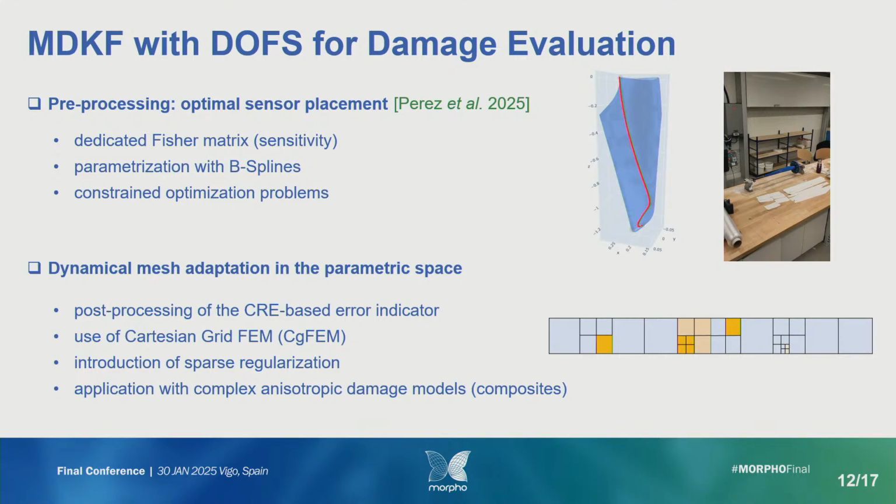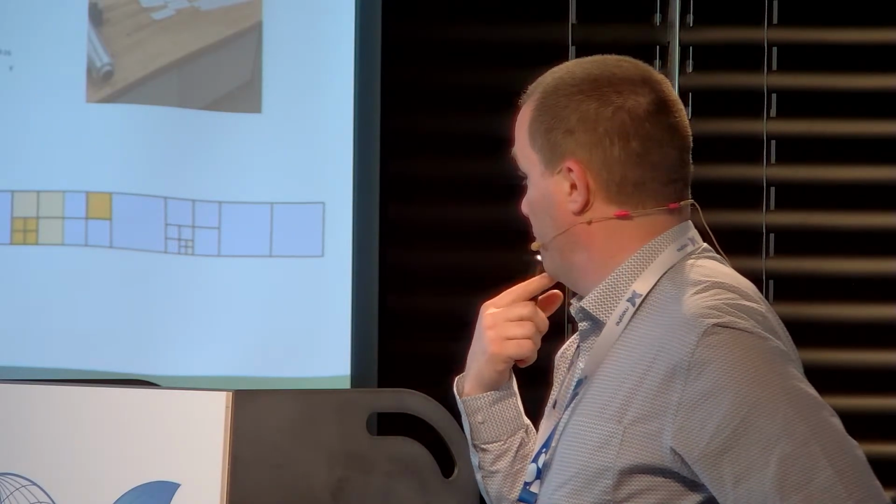We have some other topics, and I will have time to detail that, but we also use optic fiber optimization in terms of position. Okay, so we use tools to do that. It's a very numerical optimization part. We also adapt in the sense of how we represent the damage.